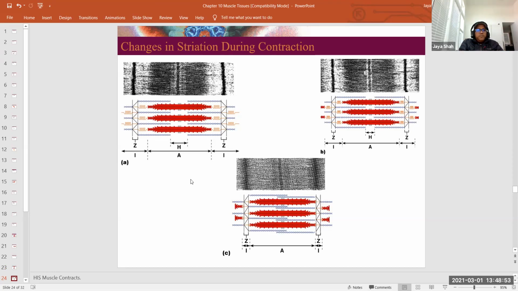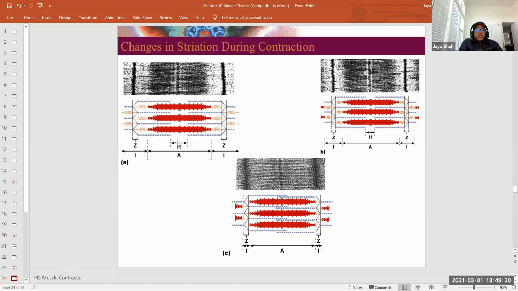Here you can see A, B, and C. This is relaxed muscle. This is partially contracted muscle. This is completely contracted muscle. You can see, when muscle contracts, as I have written here, only the H zone, I band, and sarcomere shorten.